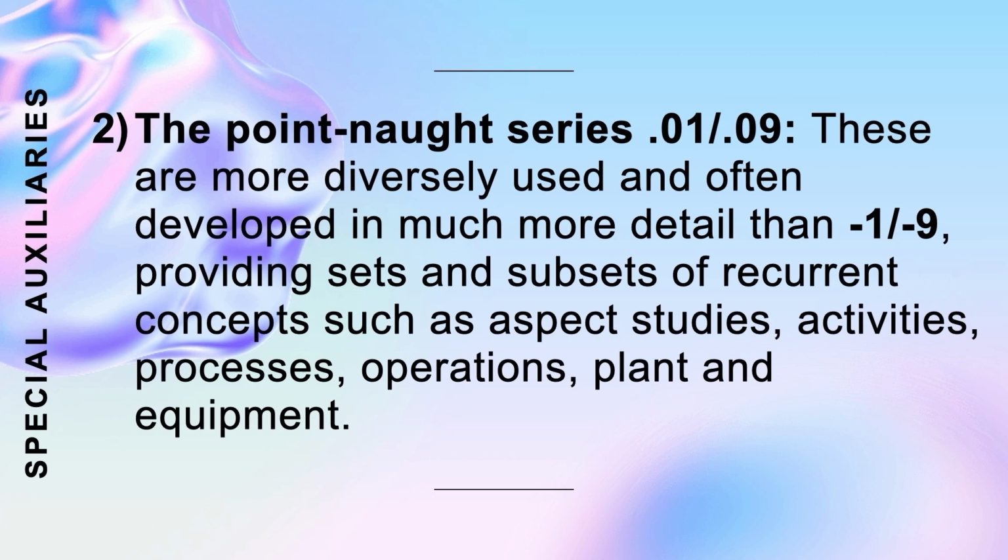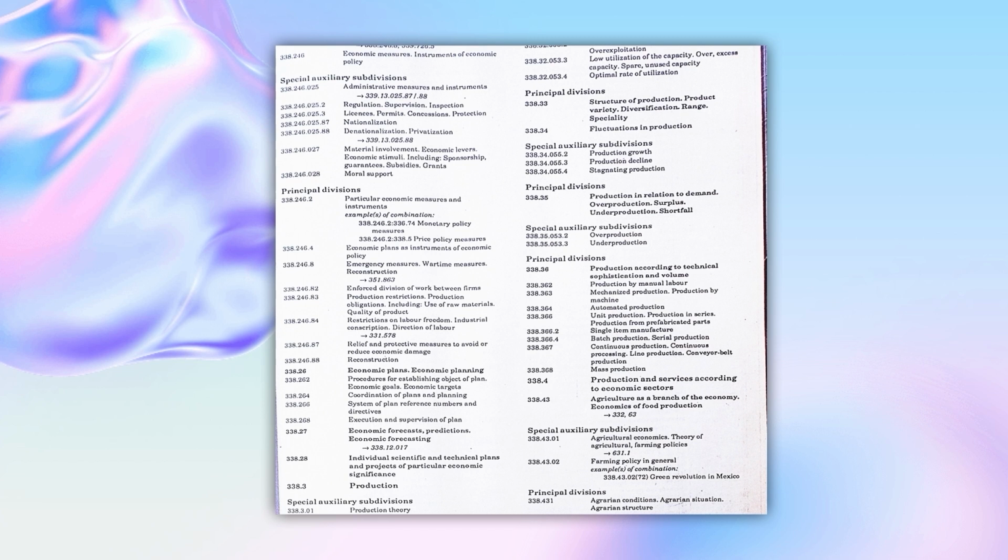Okay, so have a look at the portion of the UDC schedule. Here you see the main number is 338.24, that is economic measures. Under this main number, there is a provision of special auxiliary subdivision.